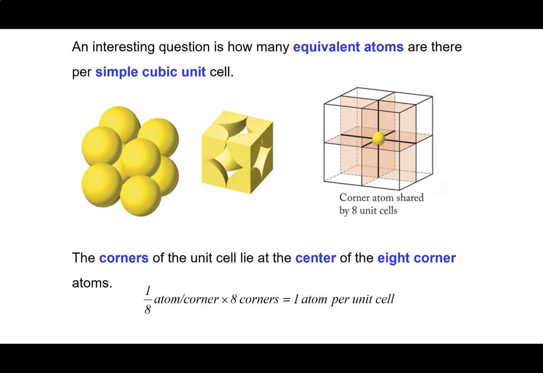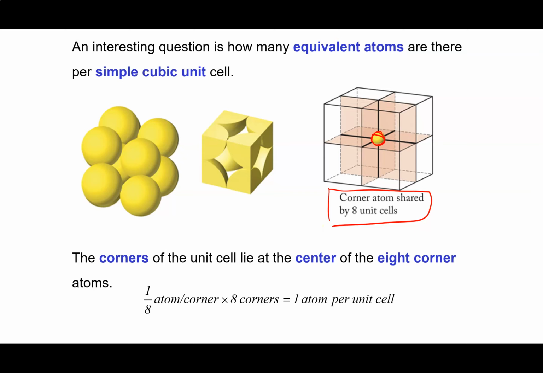And then to build up the lattice, we're going to stack all of those cubes together so we end up with a three-dimensional crystal. So when we think about that, we will see that when we stack all of those unit cells together to build the crystal, that corner atom will be shared by 8 unit cells.